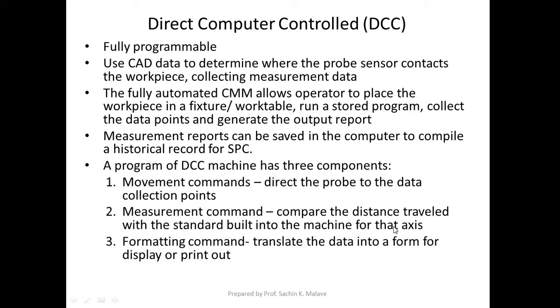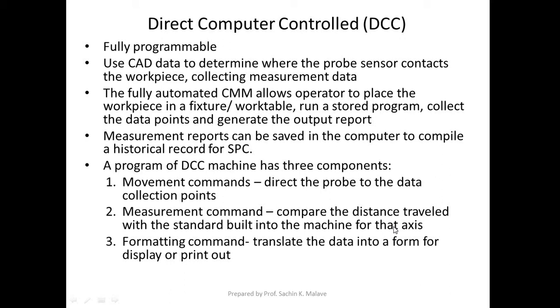Suppose the probe is moving in the x-axis, the probe will compare the actual distance traveled with the standard built into the machine, and it will measure that particular output.